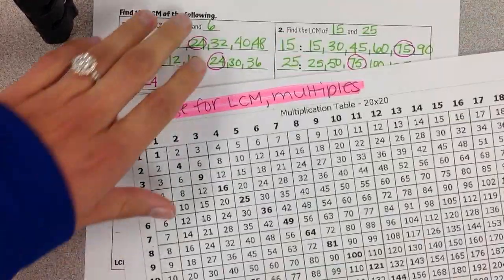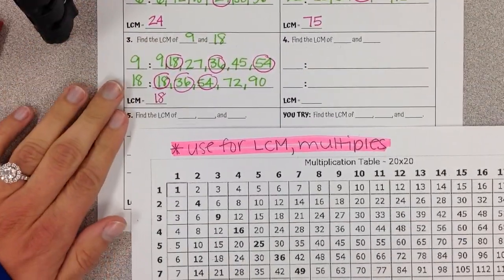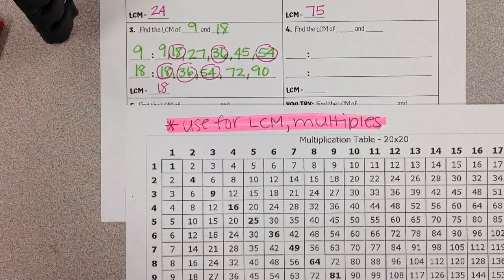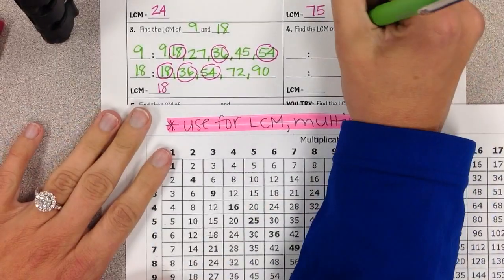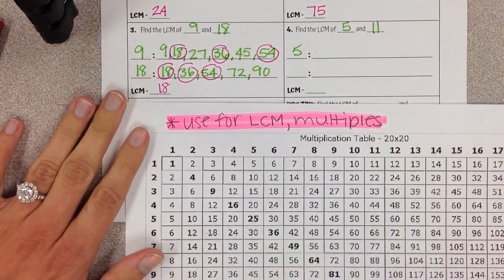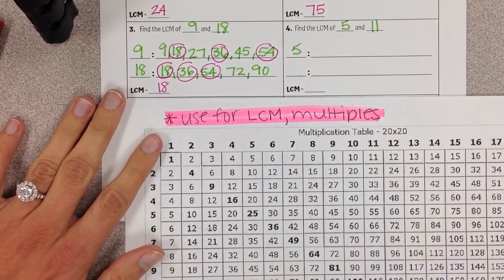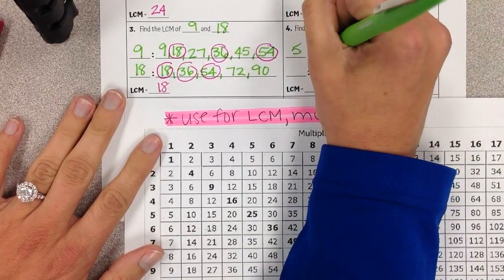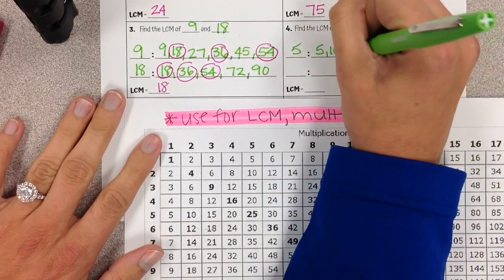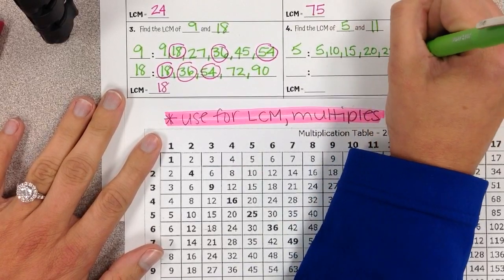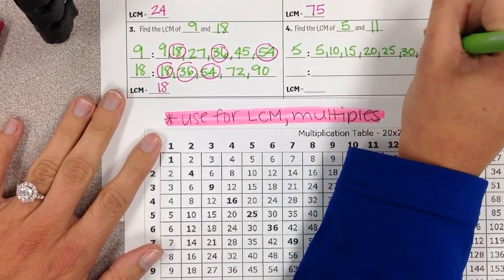All right, looking for number 4. Find the least common multiple of 5 and 11. For 5, you might be able to skip count easily. If not, use this multiplication chart here. So again, I'm just going to list a few. 5, 10, 15, 20, 25, 30, 35.